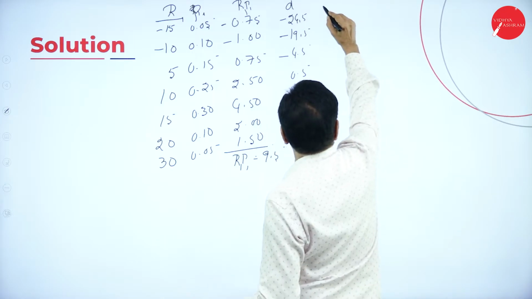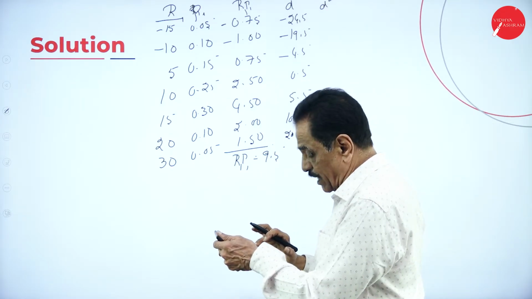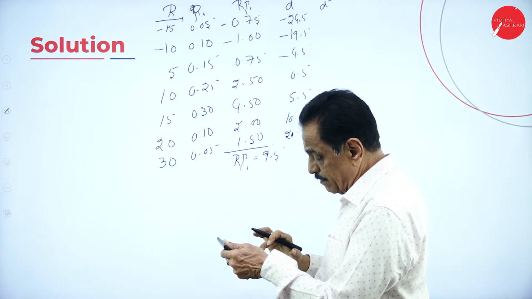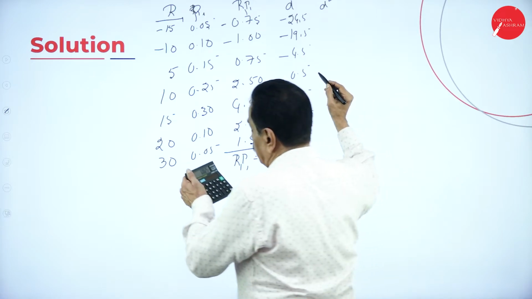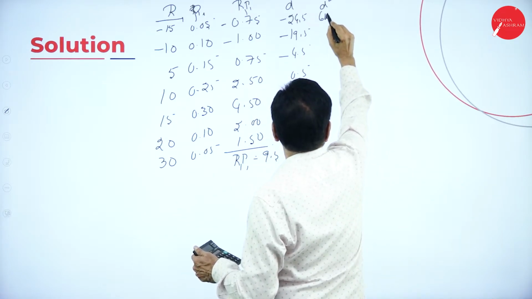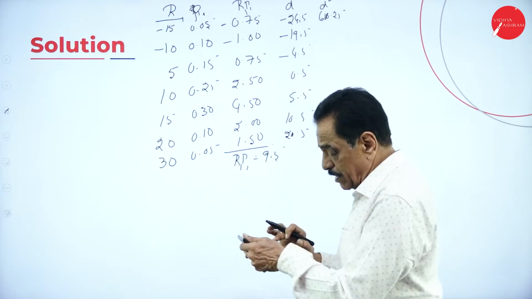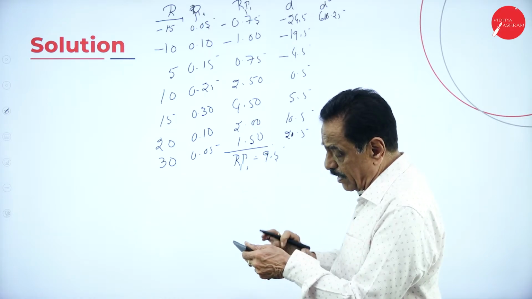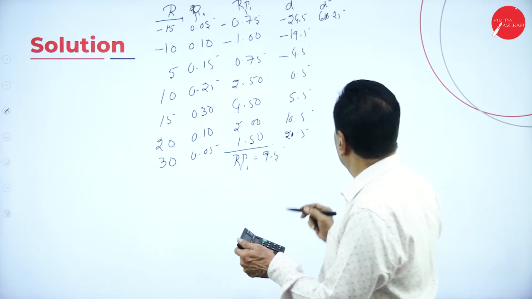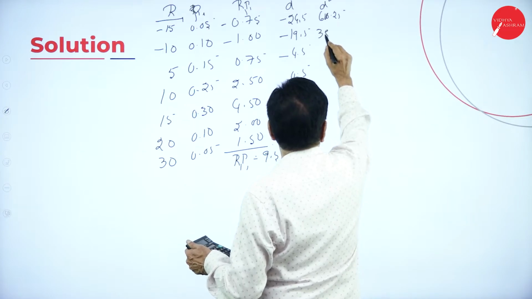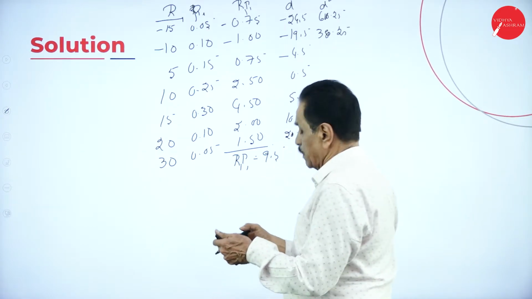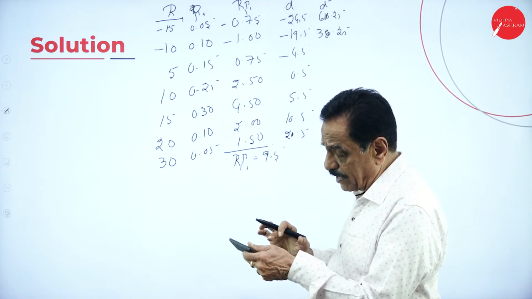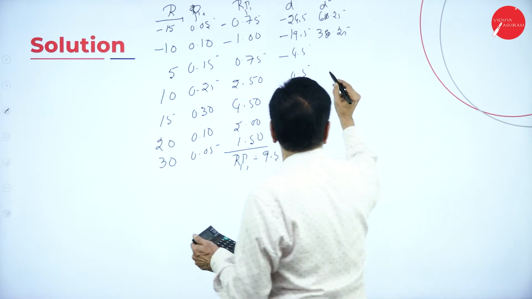Now D square. 24.5 into 24.5, 600.25. 19.5 into 19.5, 380.25. 4.5 into 4.5, 20.25.